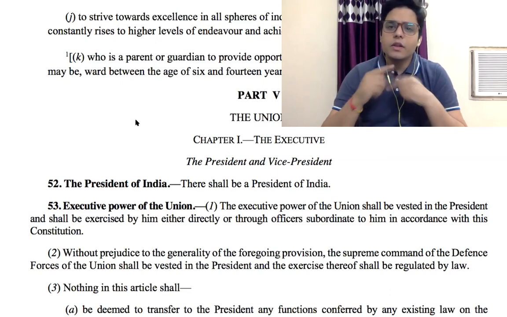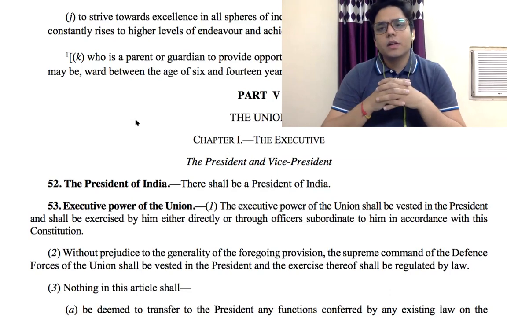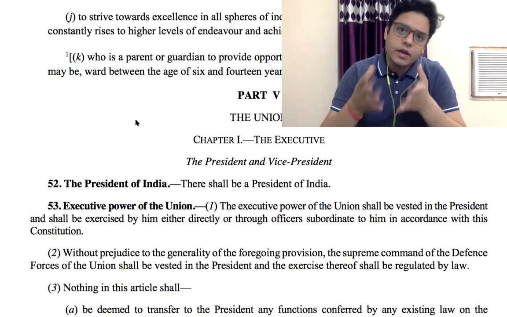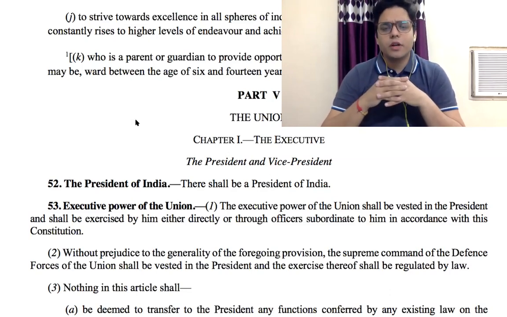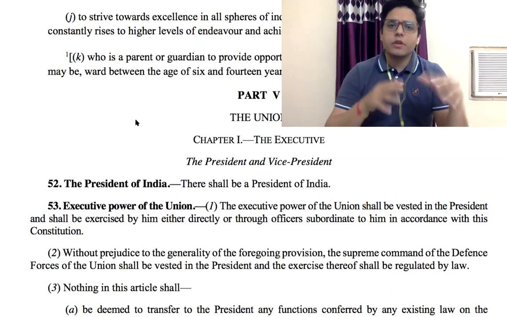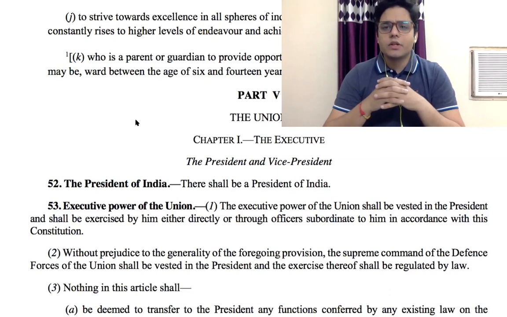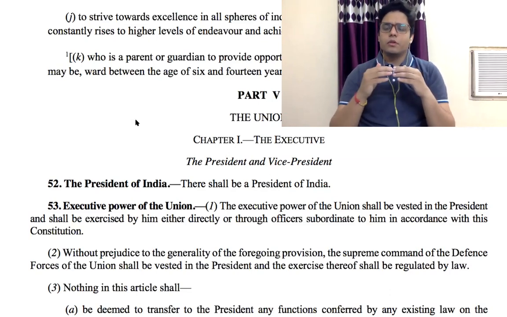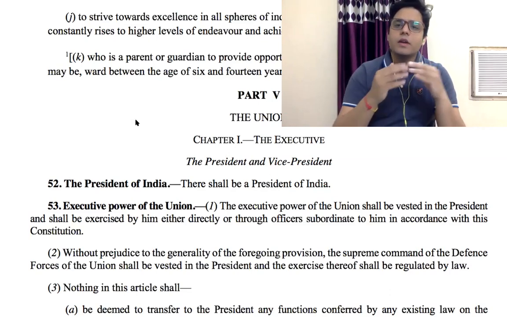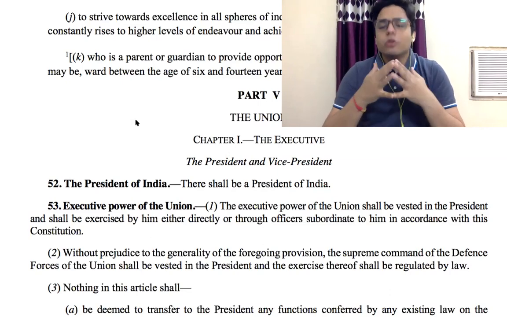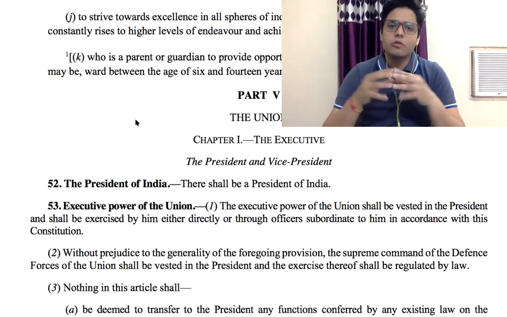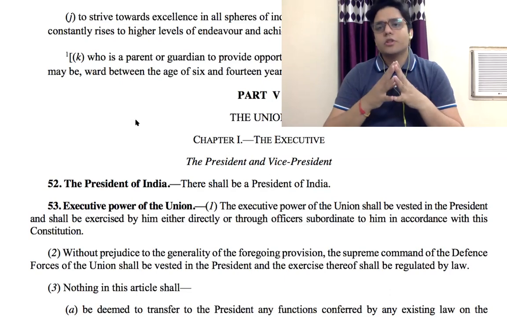And how will it be exercised? The President has a choice to exercise it either directly or through officers subordinate to him, because it is not possible for the President to reach every place and exercise each and every function. So he can authorize his subordinates to perform those functions on his behalf.